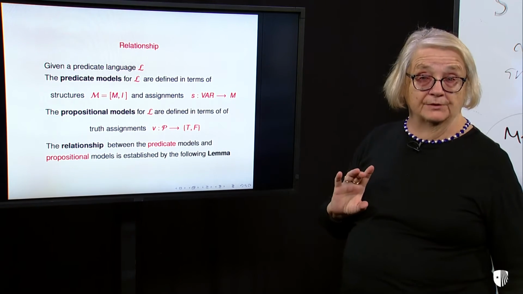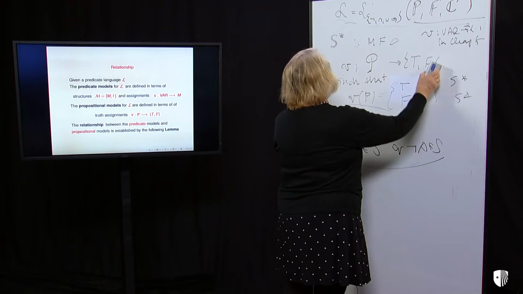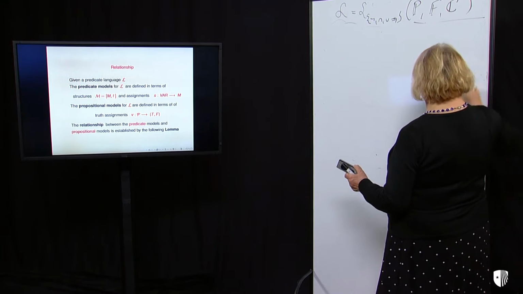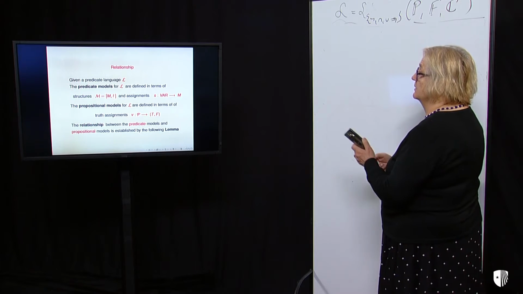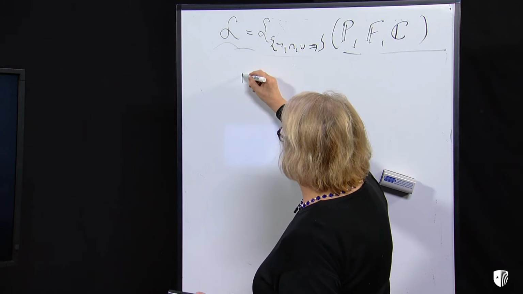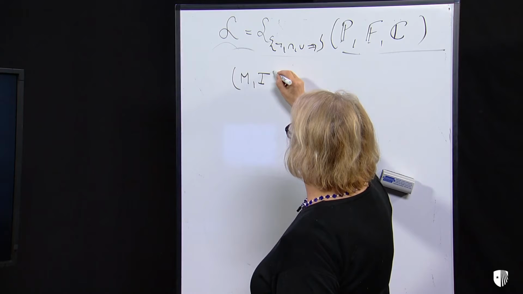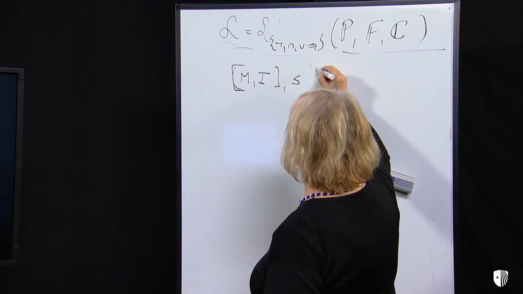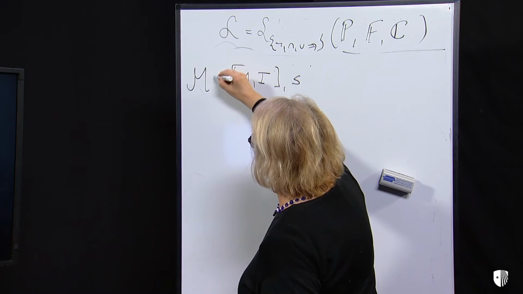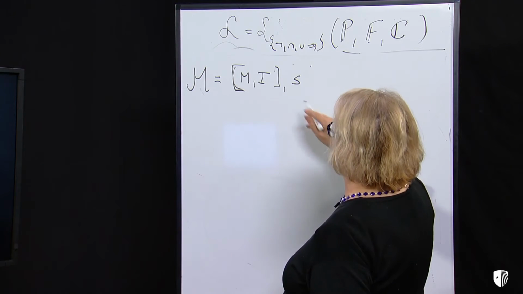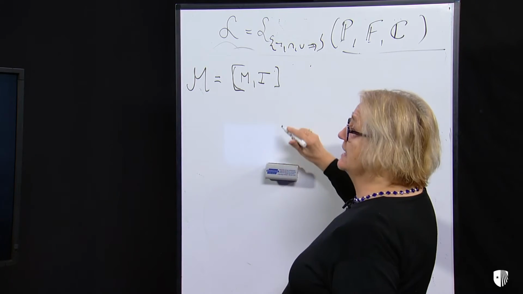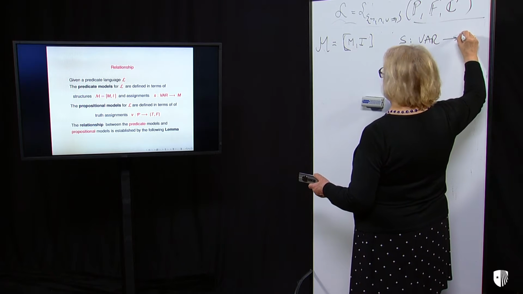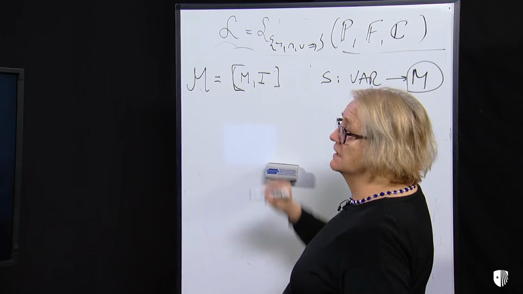So these are predicate models: a structure M, S, where S is a variable assignment in the predicate language into the universe of the structure.